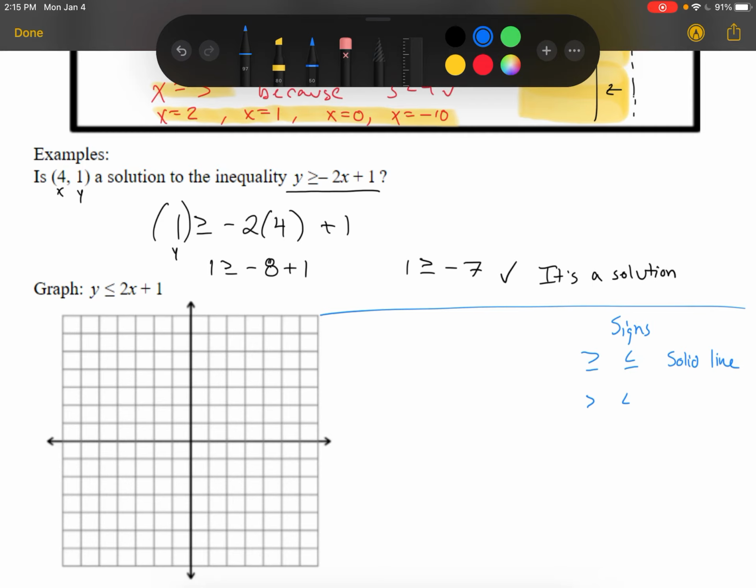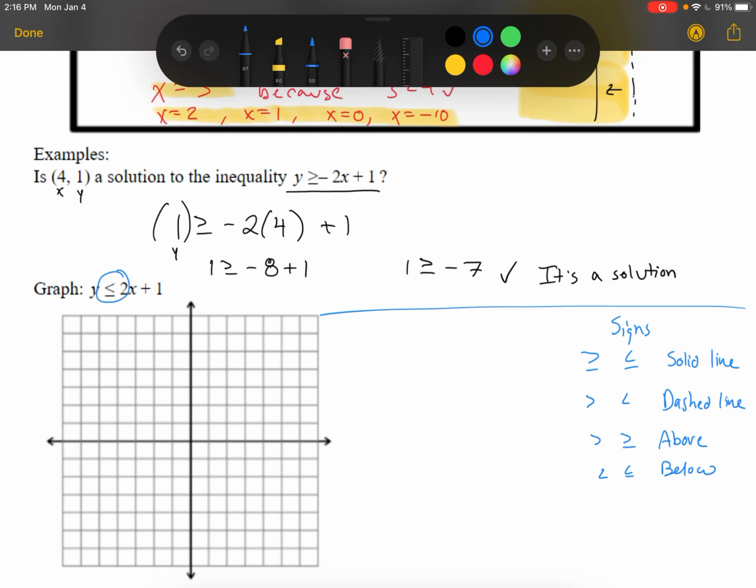However, if you have just greater than or just less than, that is dashed, because anything that's actually on the line is not included, because it is equal to. When you're looking at just greater or just less, it has to be greater or less. It can't be equal. Additionally, if you have greater than or equal to, you're going to be shading above, and less than or equal to, you're going to be shading below.